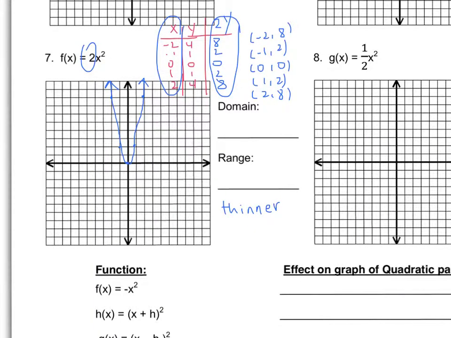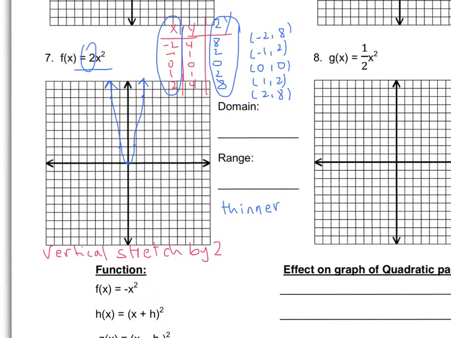So every time you see a number being multiplied by x squared, it means that this function is going to be vertically stretched or vertically compressed. Since you are multiplying by a 2, which is a number greater than 1, we call this a vertical stretch by a factor of 2.